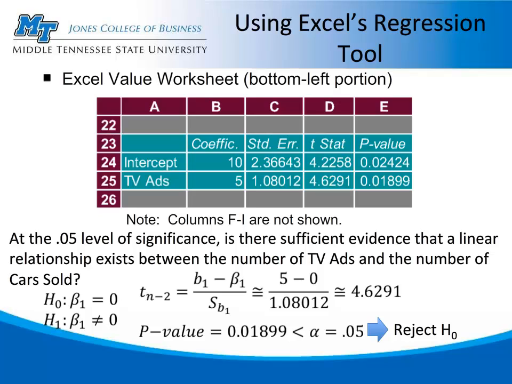So a logical question is, at some level of significance, and here I'm posing it at the most common level, the 5% level, is there sufficient evidence that a linear relationship exists between whatever x is and whatever y is? In this case, we're looking for a relationship between the number of TV ads and the number of cars sold.